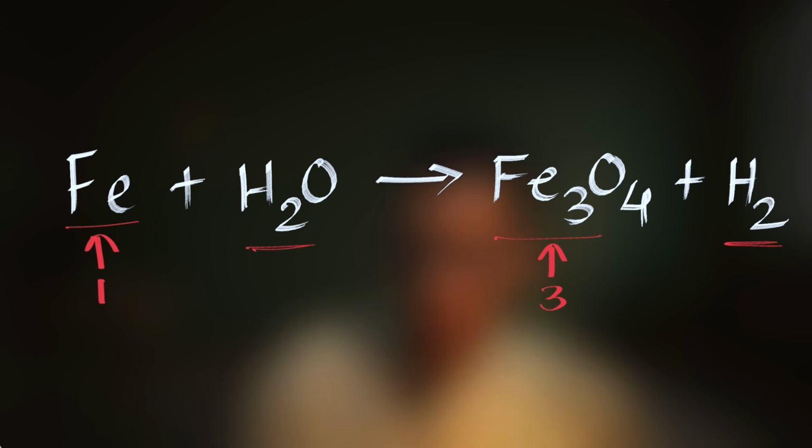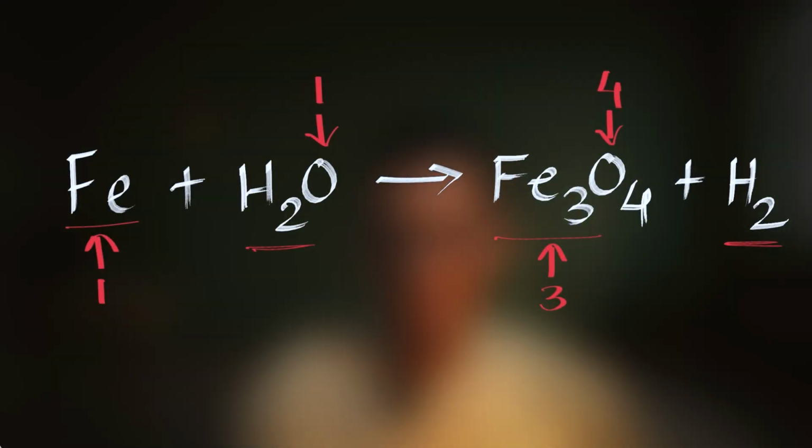Number of hydrogens on both sides are 2 each, so that is balanced as of now. Number of oxygens on the left hand side, I have got 1 atom of oxygen, and on the right hand side I have got 4 atoms of oxygen. So which means this particular equation is unbalanced.